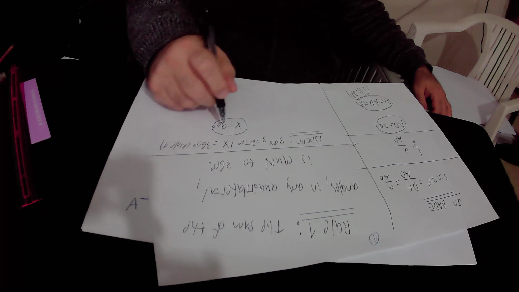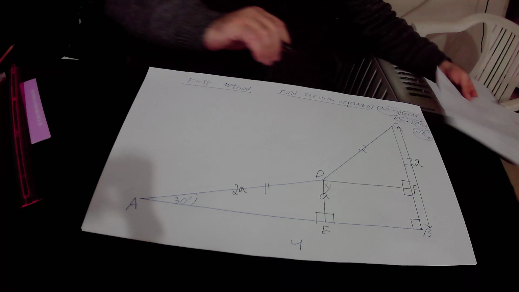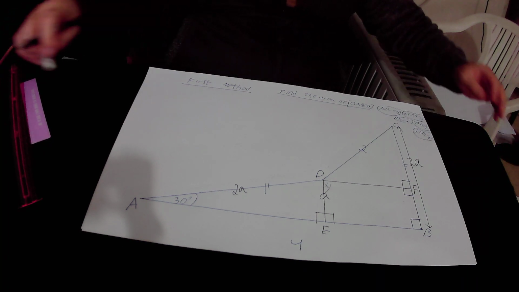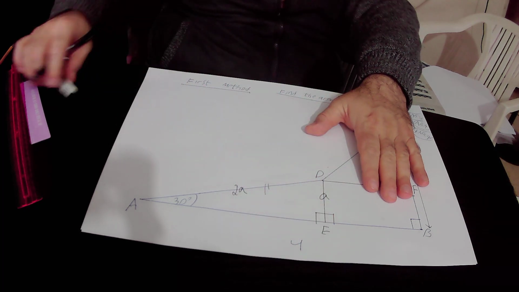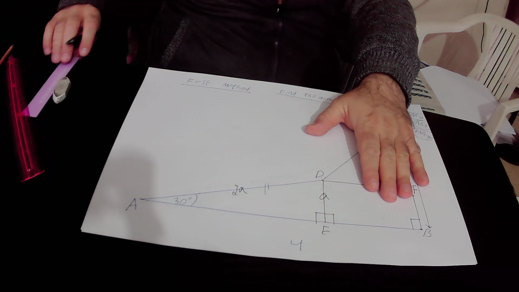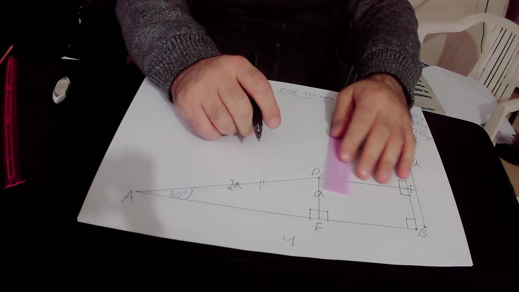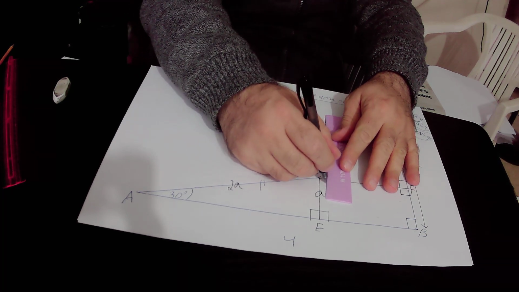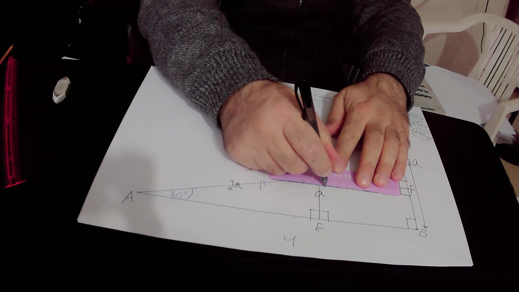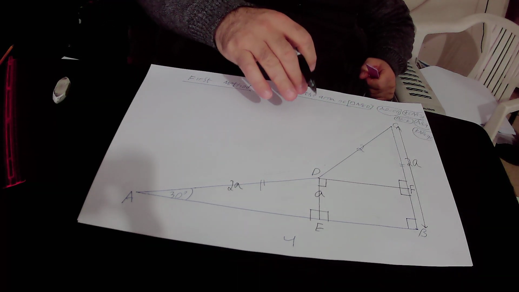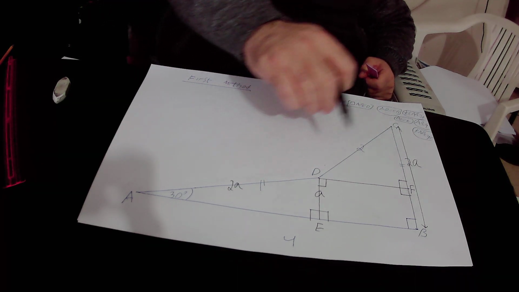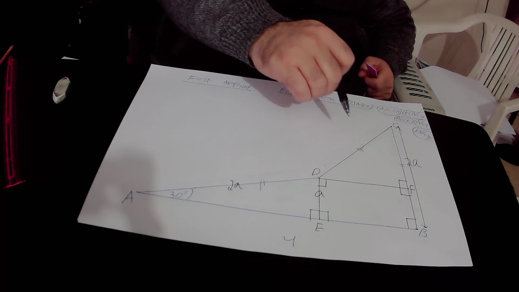So we found out that angle x equals 90 degrees. So we will change this angle, angle x, to a right angle. So actually, as you can see from the drawing, quadrilateral EBDF has 4 right angles.